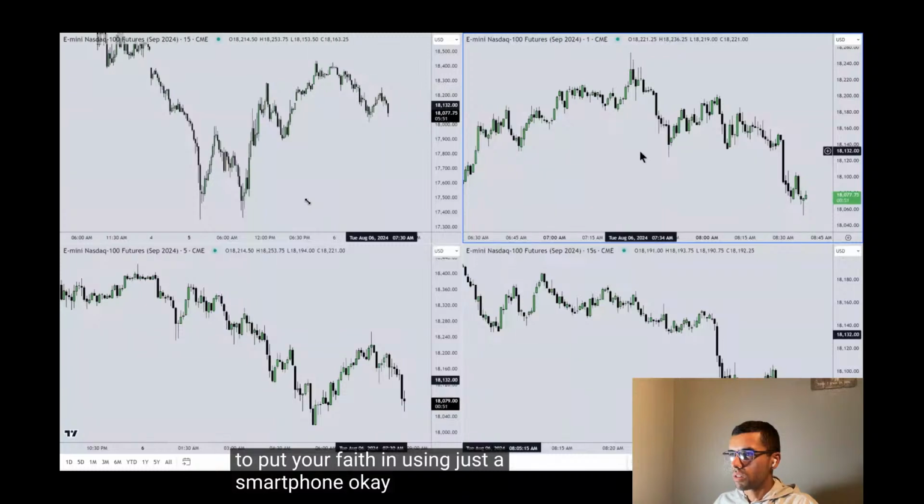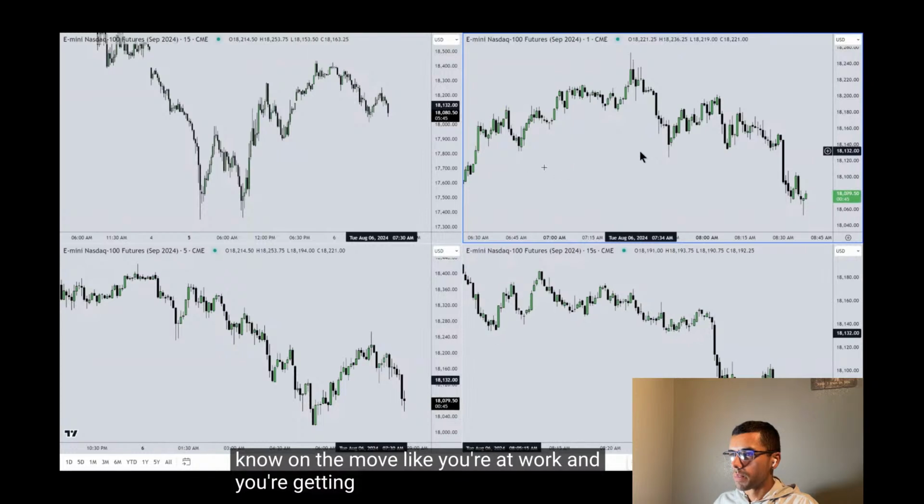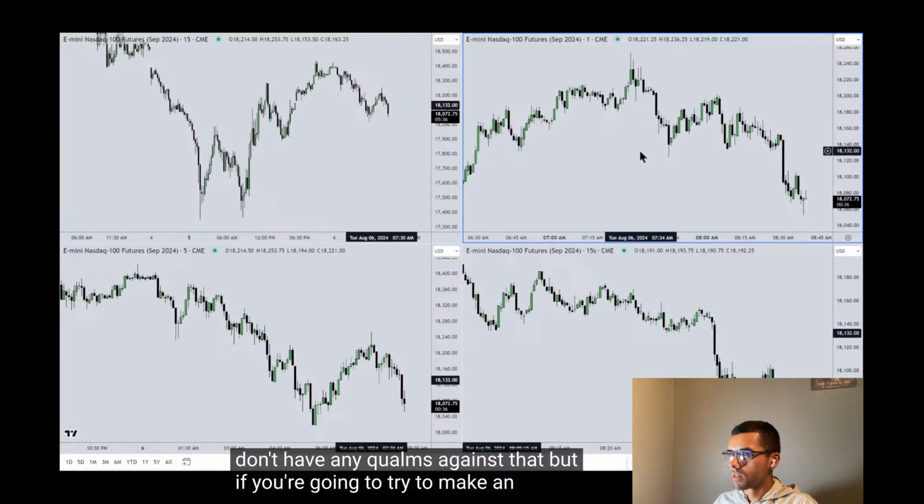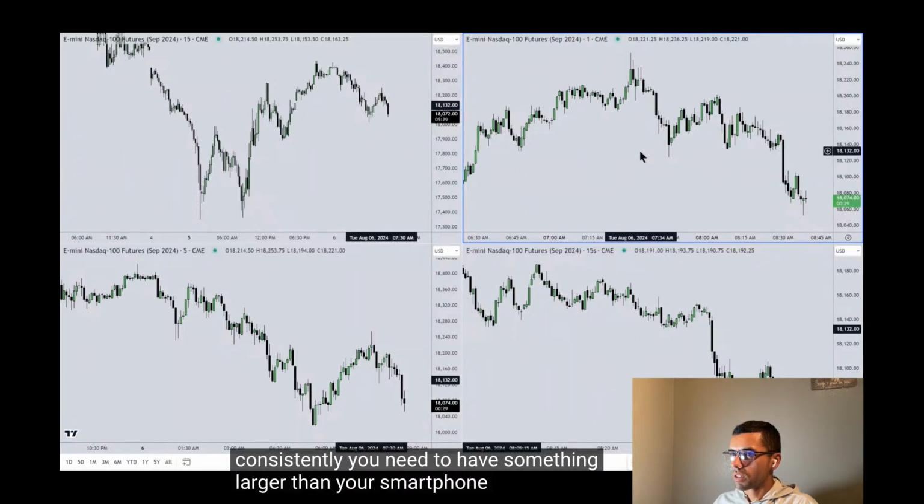If there's something that you're observing and studying on the move, like you're at work and you're getting a bathroom break, or if you're on lunch break and you want to look at the market through your phone, I don't have any qualms against that. But if you're going to make an attempt to learn how to do this well and consistently, you need to have something larger than your smartphone.